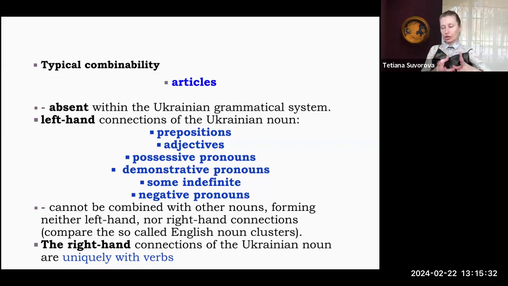But it's not a purely a system, of course. Everything is flexible and changeable, and context and a lot of things influence it. For example, in poetic language, we can easily say, for example, моя зоря або зоря моя, right? So the adjective can be used after the noun easily.